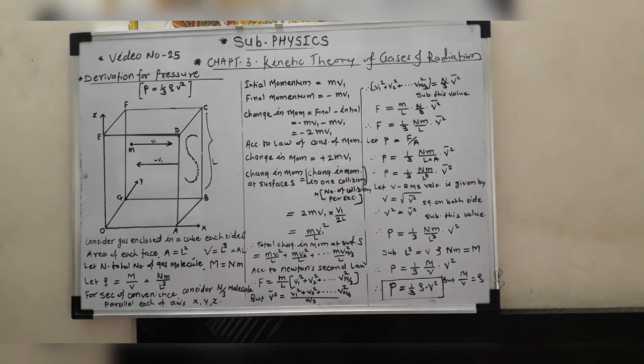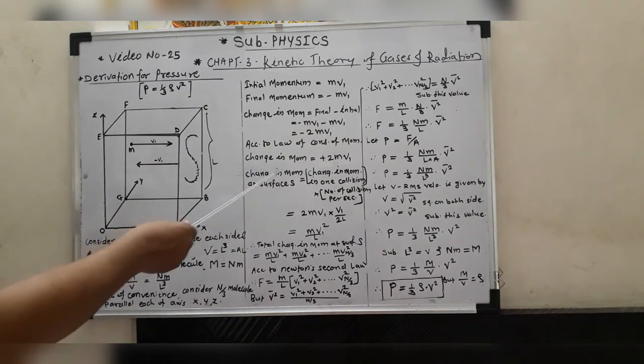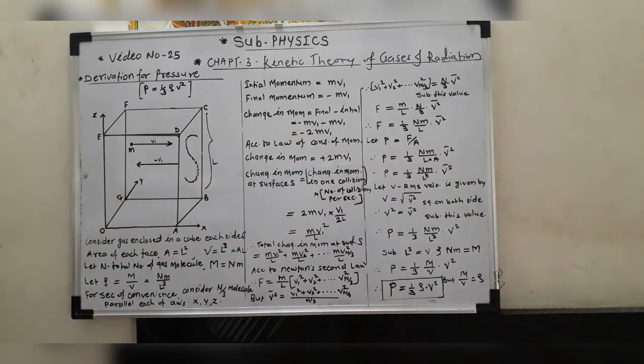This is very important. You have to remember the change in momentum, instead of minus, we have to take plus twice mv1 according to the law of conservation of momentum.